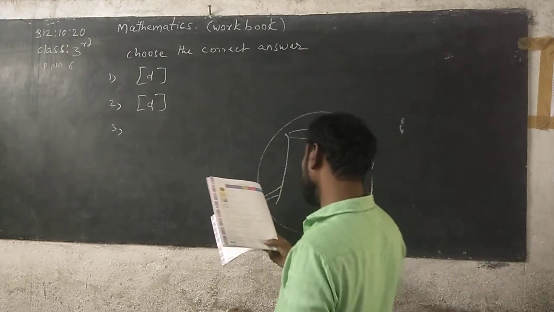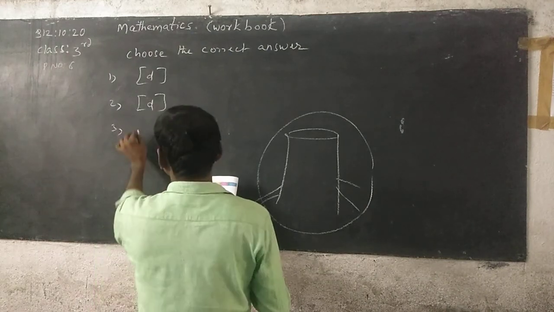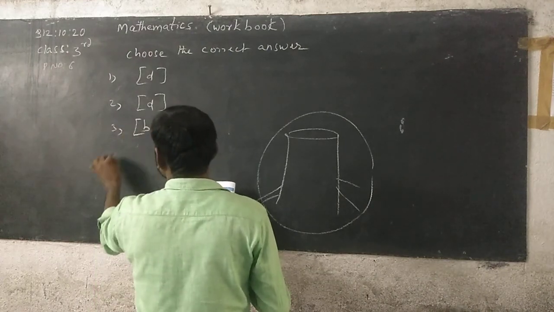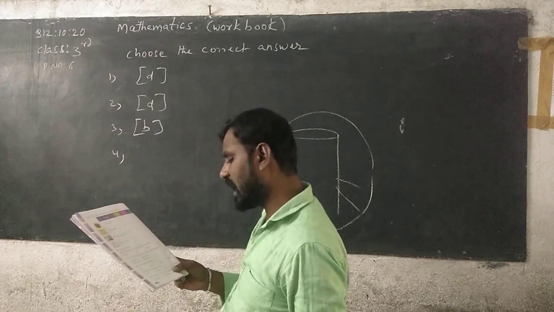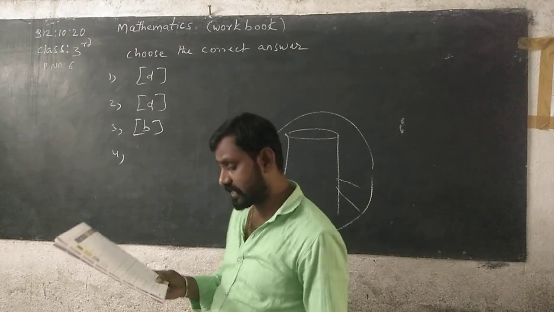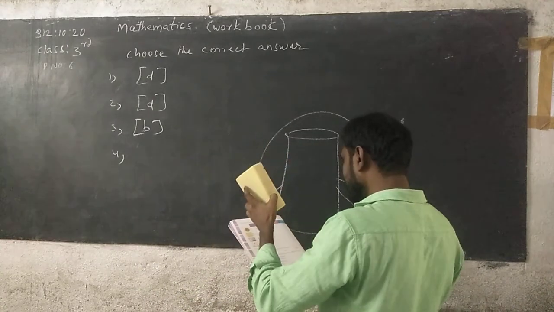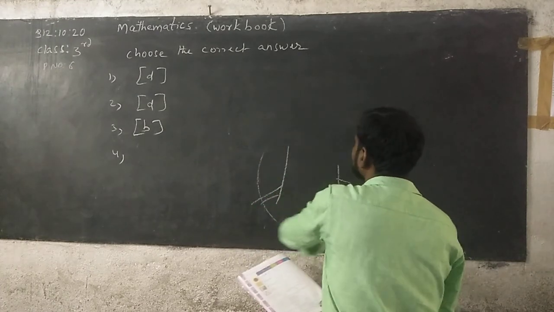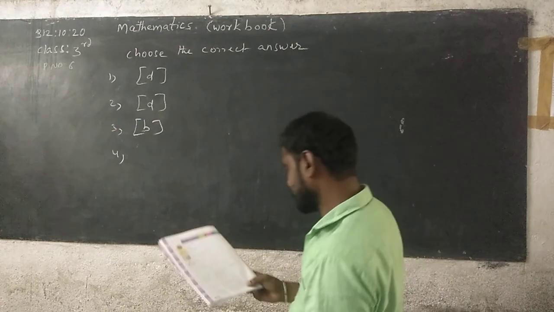You can write here B, cylinder. Next, fourth one. Which solid figure has no edges and no corners? A, cube. B, cylinder. C, cuboid. D, sphere. Sphere, there are no edges and no corners.